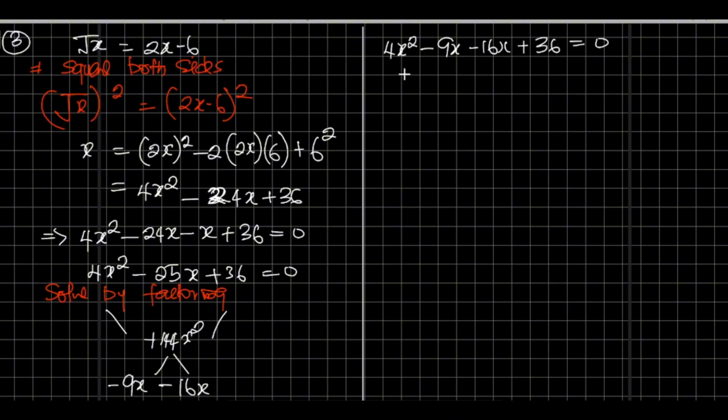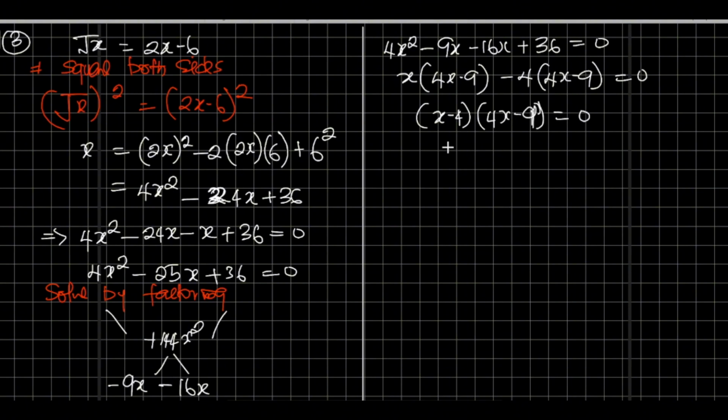And then factorize by grouping, we have x bracket 4x minus 9, okay, minus 4 bracket 4x minus 9 equals 0, and then that will give us x minus 4 bracket 4x minus 9 equals 0. So this equation will give us x equals 4 or x equals 9 over 4.